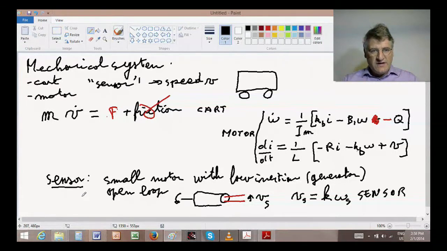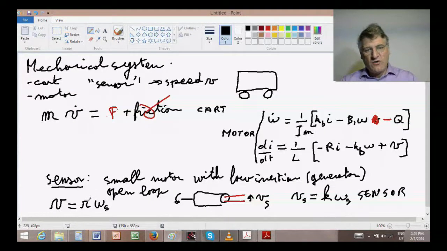We write that there is a relationship between V and omega s, and we will write it as V, the speed of the cart, is equal to small r times omega s, where small r is the radius.